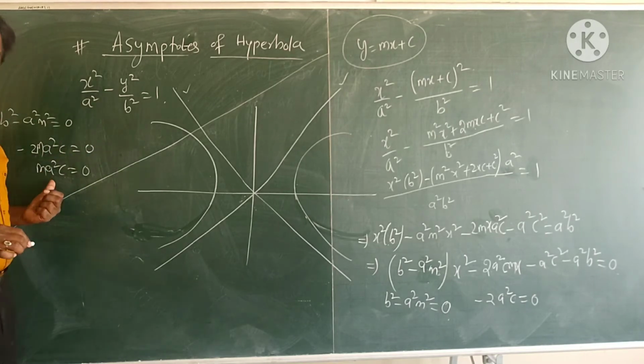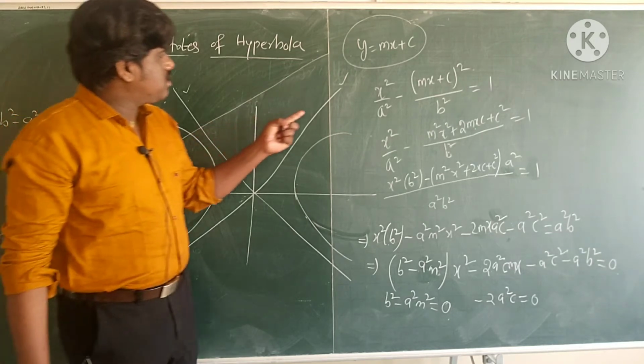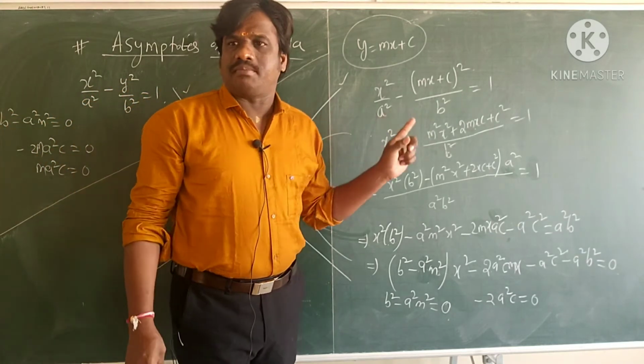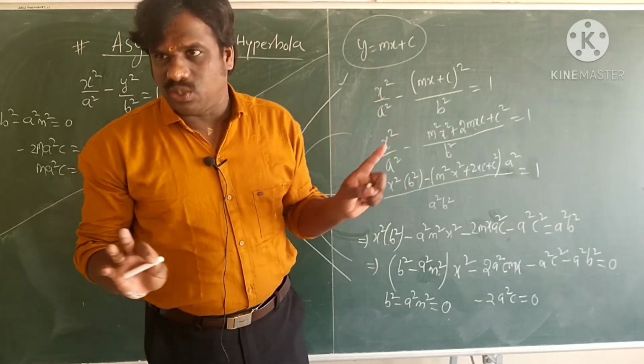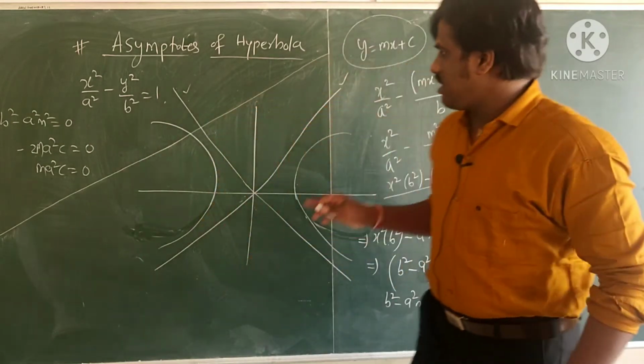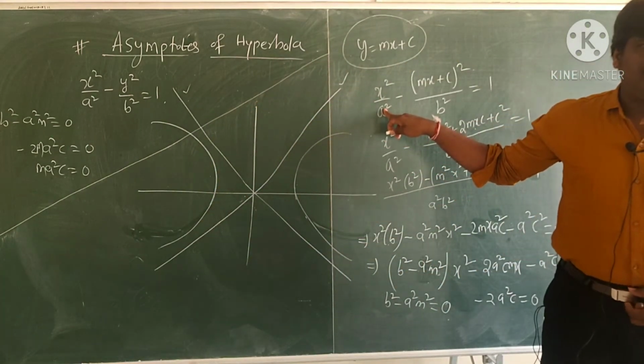See, m is the slope. a is the leading coefficient. In a hyperbola, a square and b square will be some numbers, they cannot be zero. a square, b square can never be 0. If this is 0 in a hyperbola, it means it is undefined, there is no curve at all.